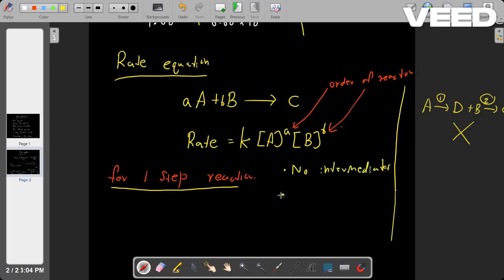If we are using a catalyst, sometimes the catalyst is also included.